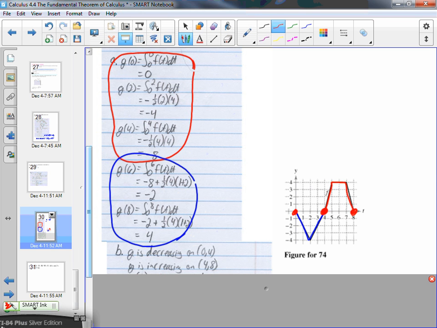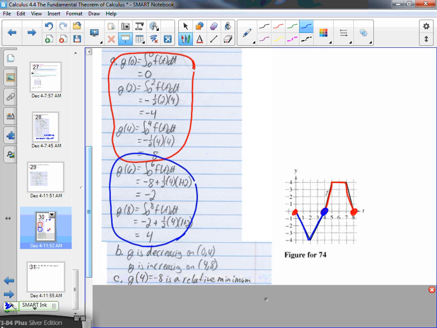Well, that's not an extreme value, right? At 4, our derivative changes from negative to positive, so our function g changes from decreasing to increasing, which means we have a relative minimum. So at 4, and the value of g at 4 is -8, we already found it, it's a relative minimum.